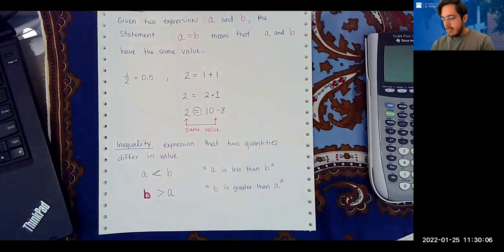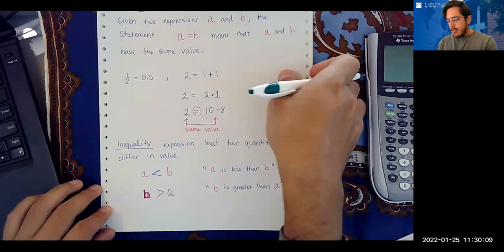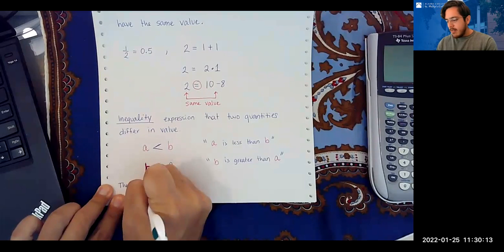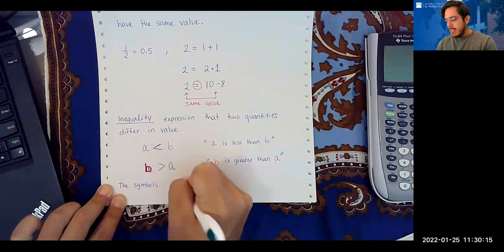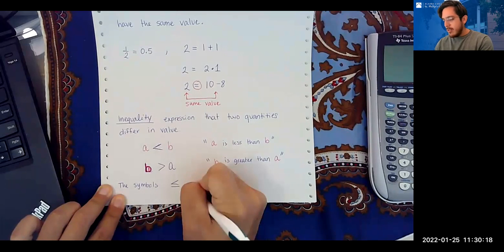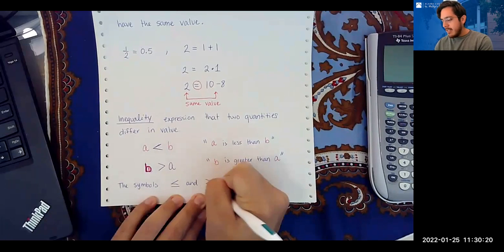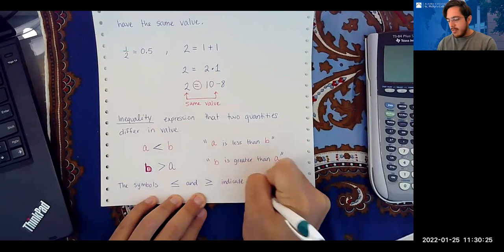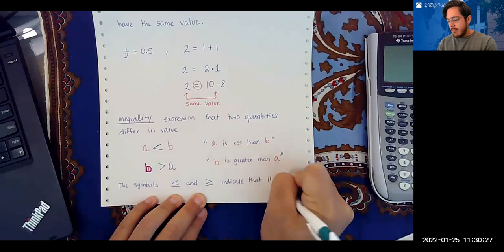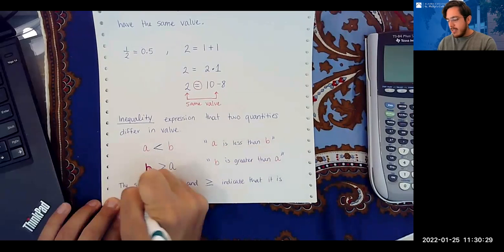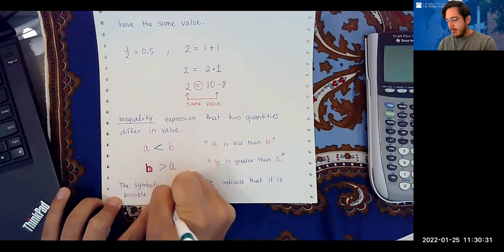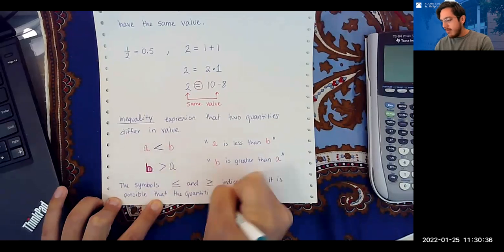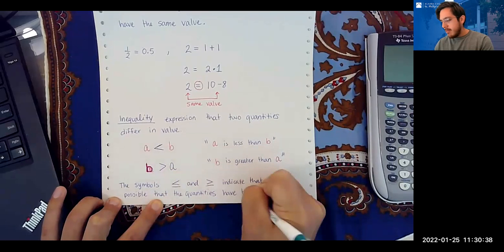And finally, the symbols less than or equal to and greater than or equal to indicate that it is possible that the quantities, or the things that we're comparing, have the same value.